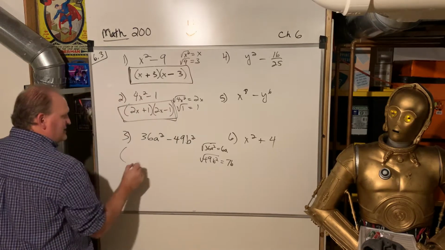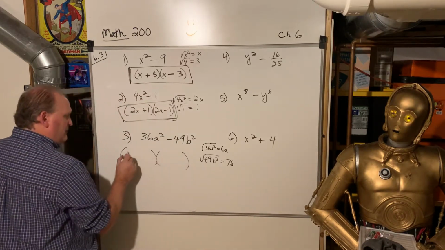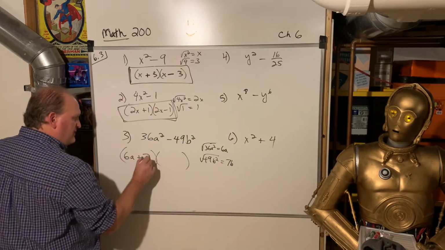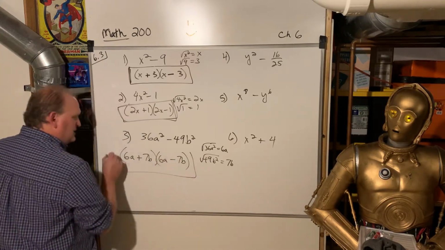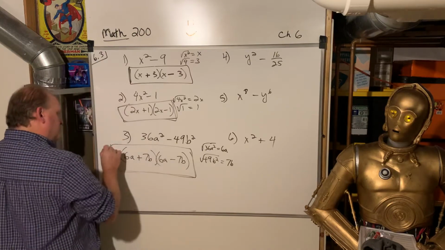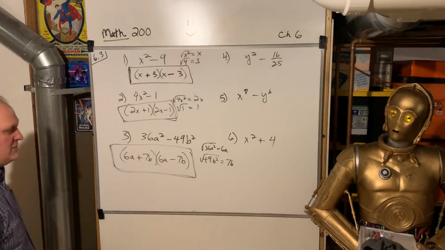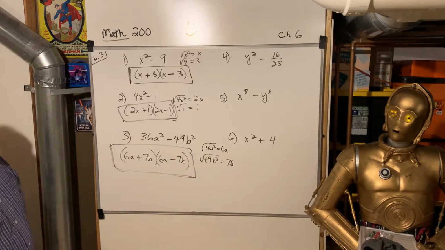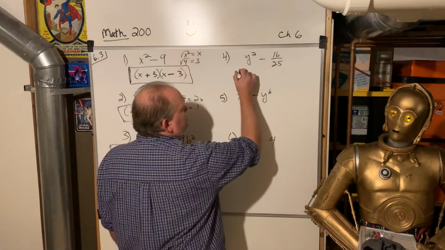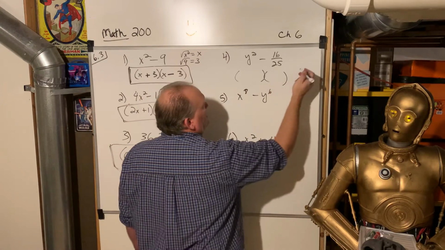I mean, nothing is super easy in algebra, but 6a plus 7b, 6a minus 7b. Just as long as there's one of each, the middle term goes away. So 42ab and minus 42ab, that's why there is no ab term.